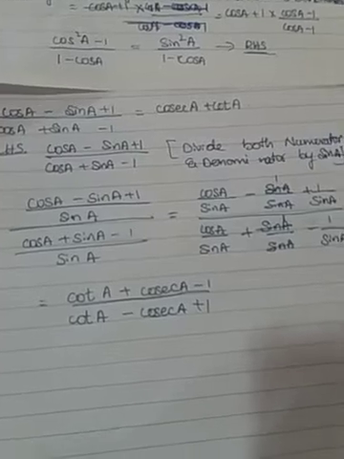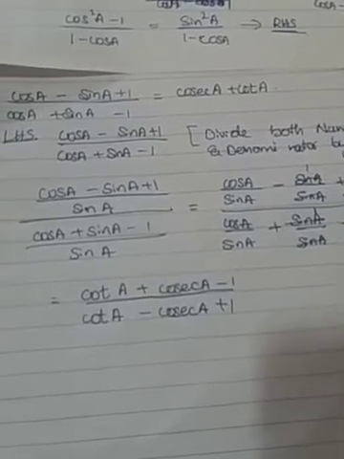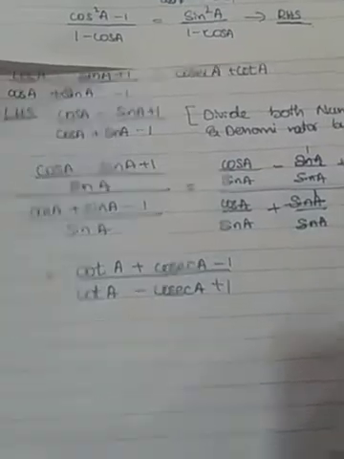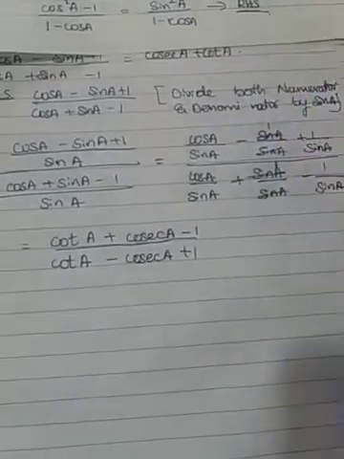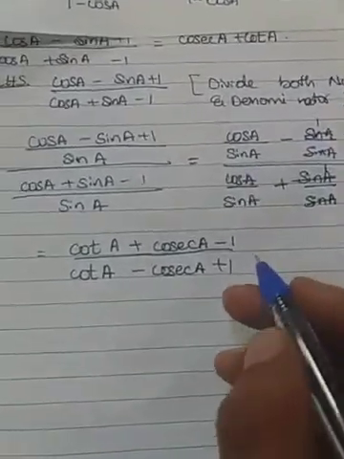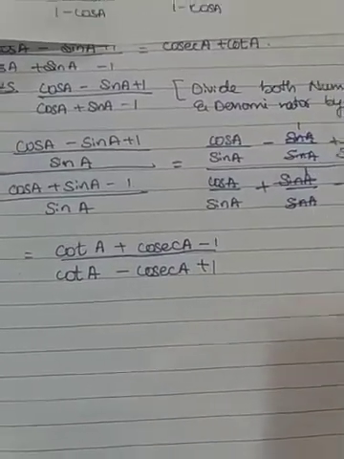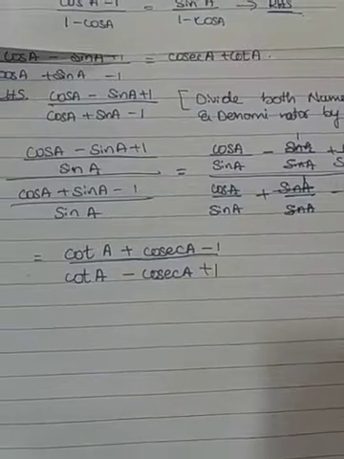Yes, next part will be, here we got cot A plus cosecant A minus 1 divided by cot A minus cosecant A plus 1.